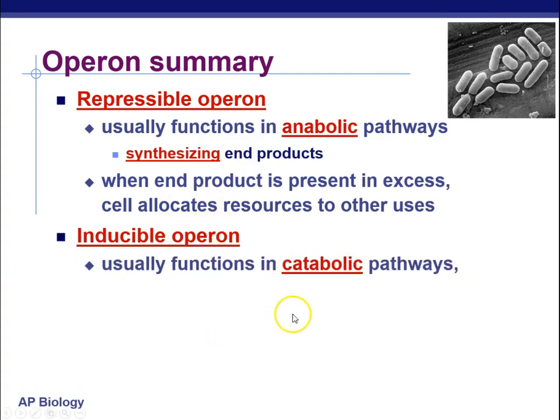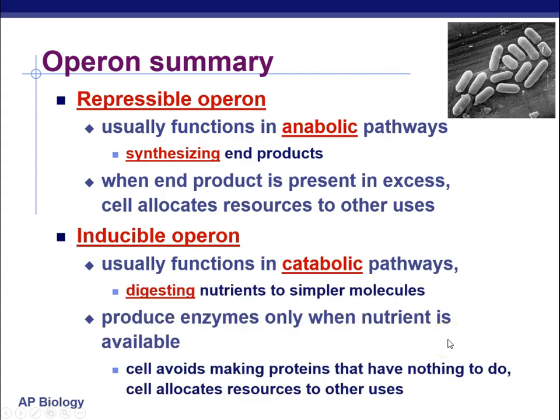An inducible operon, like the one for the lac operon or lactose, functions for catabolic pathways. Catabolic means breaking down. Just like my cat breaks down my Christmas tree every year, a catabolic pathway can build enzymes to break something down, like the digestion of lactose.